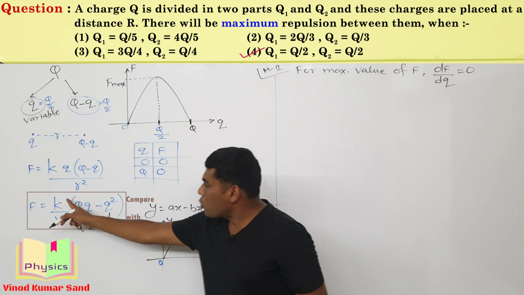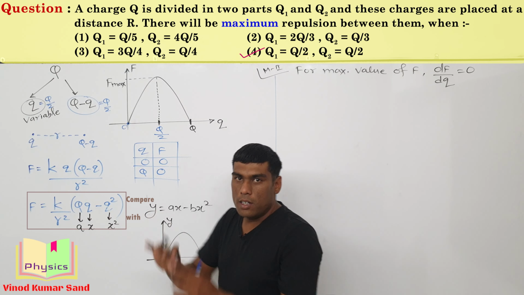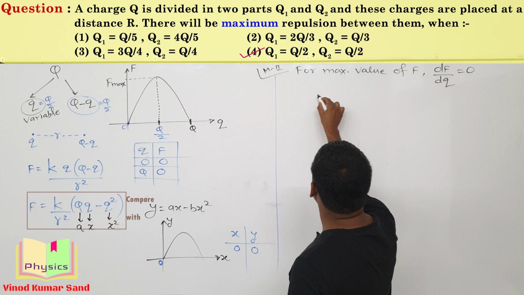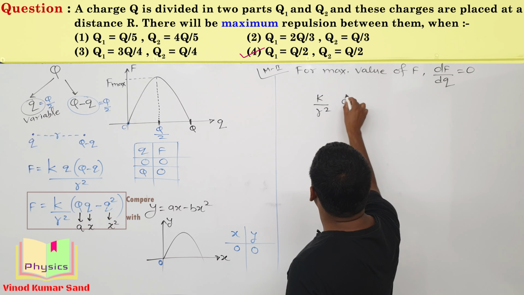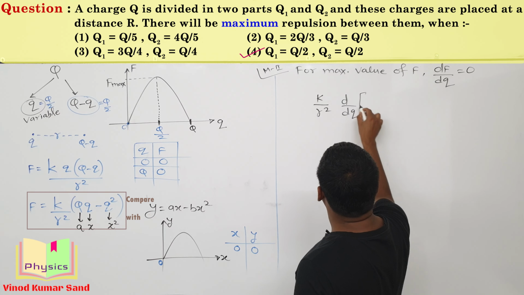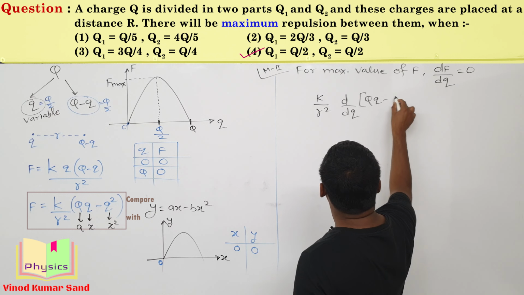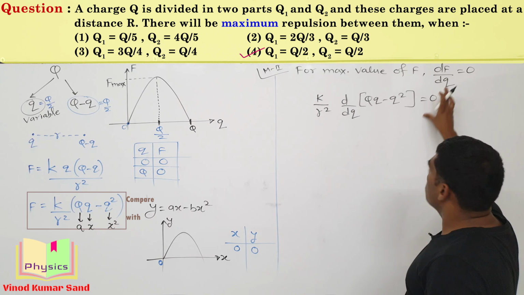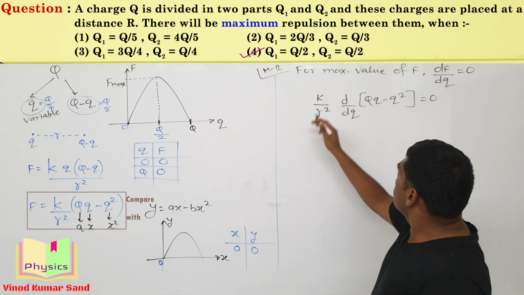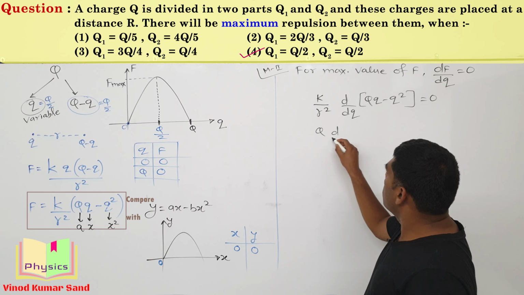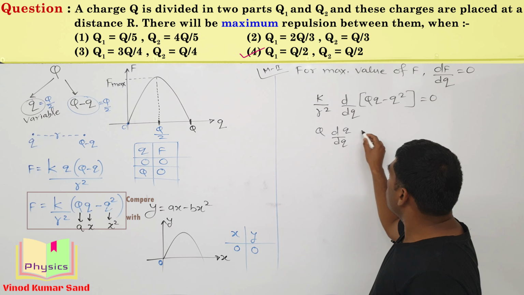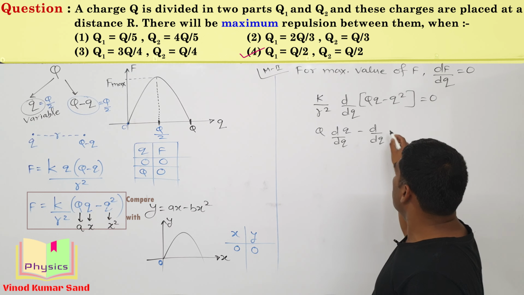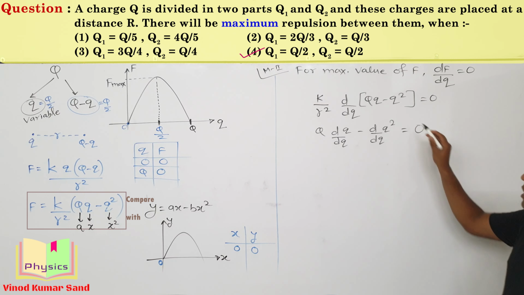Here K by r square is a constant. I am taking it outside of the differentiation, K by r square, and then differentiating the remaining terms, d by dq (Qq minus q square) should be equal to 0. This K by r square we can send it to 0, then we are left with Q d by dq of small q minus d by dq of q square.